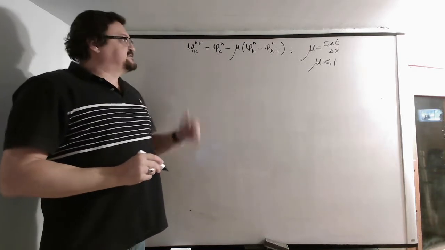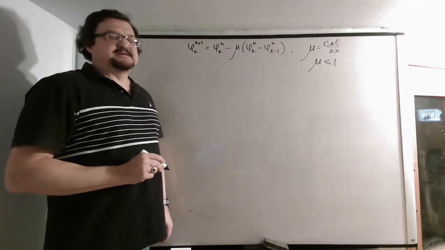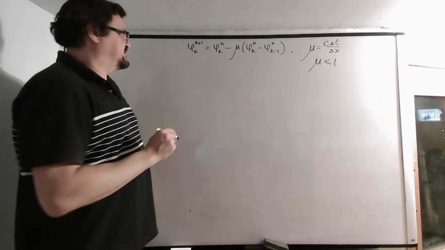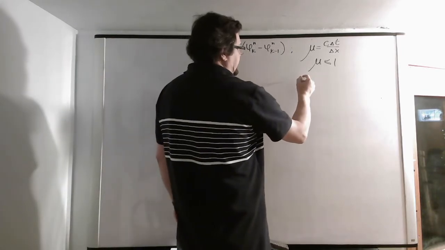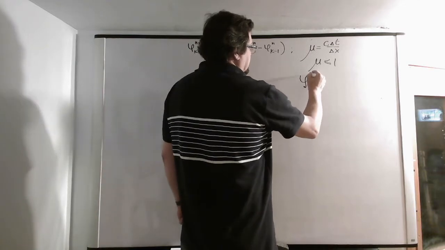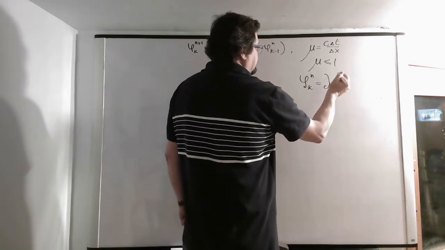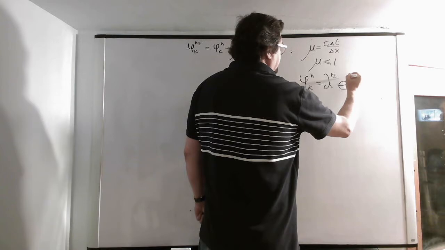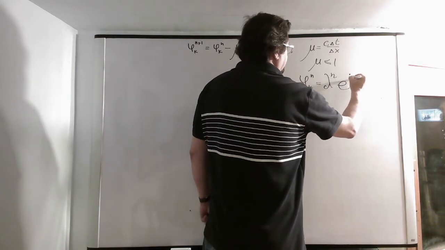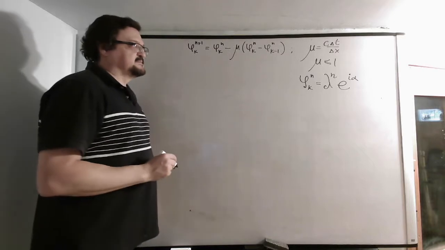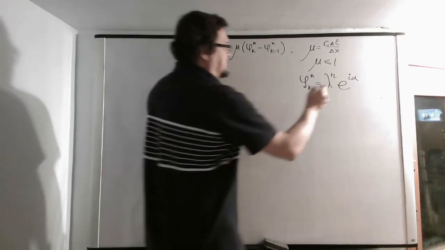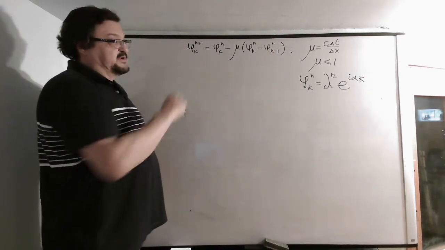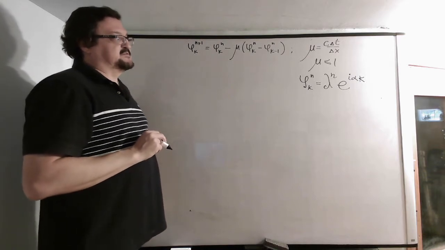So when we derived the expression for the amplification factor, lambda, we assumed that our solutions are represented as lambda to the power n times e to the power i alpha, where alpha is k delta x. We then substituted it into our equation and found our expression for the amplification factor lambda.